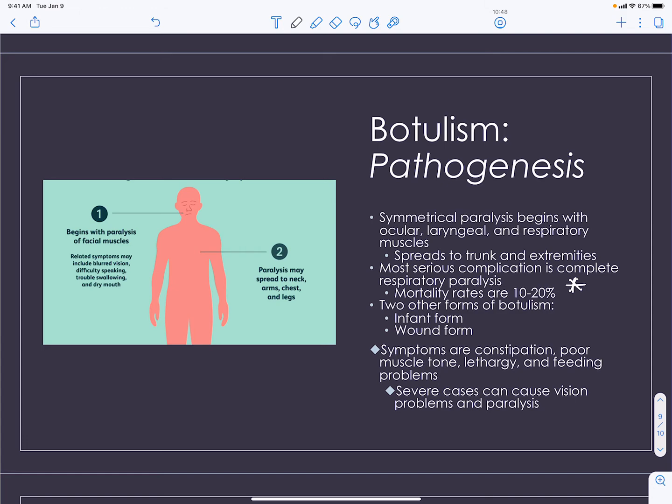And similar to your Clostridium tetani, it's a little bit opposite. So tetanus, this is death. Tetanus is associated with respiratory exhaustion.